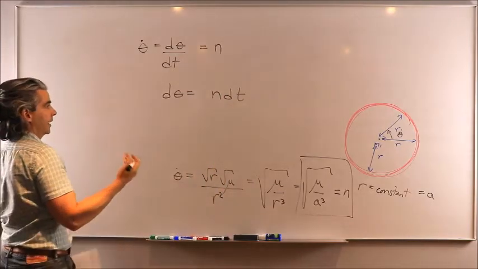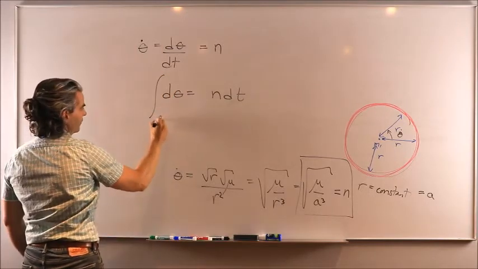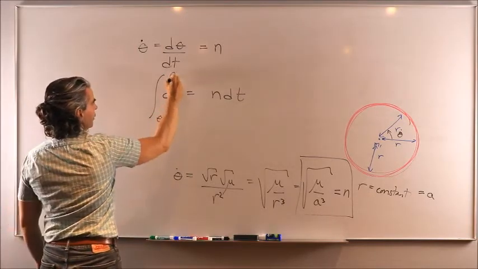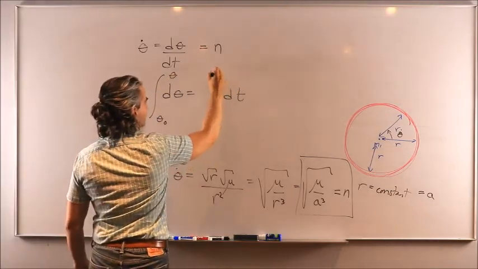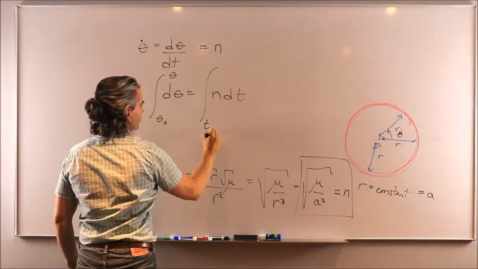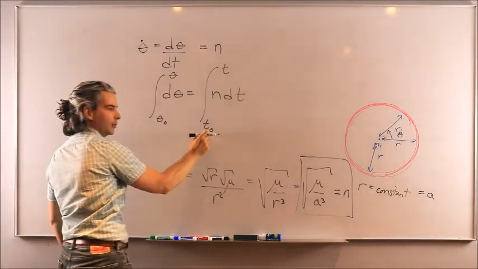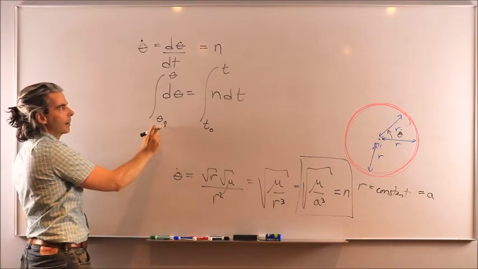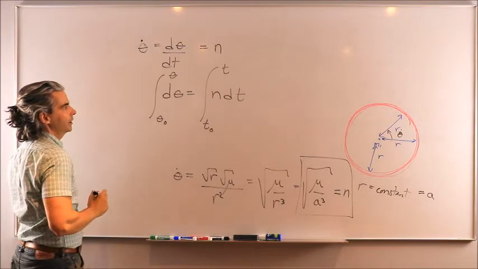which means that next what we can do is to integrate theta from some initial theta up to whatever value, and then integrate this side from the initial time to the current time, right? Initial time associated with the initial angle up to the current time associated with the current true anomaly.